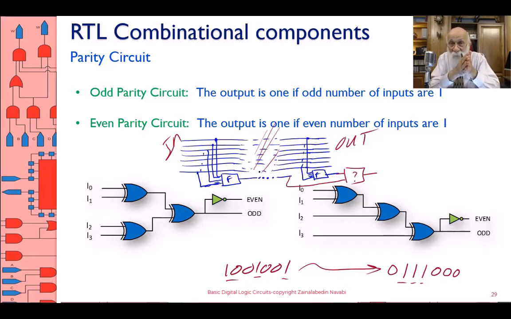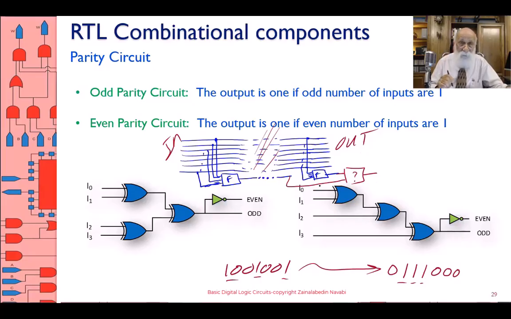If your odd function, which we refer to as odd parity circuit, doesn't detect one set of data, the next set of data may be detected, and eventually, because of all the inputs that are going from one side to the other, sooner or later it will be detected. This is called a parity circuit. And if you keep the number of ones as odd, this is odd parity or even parity.